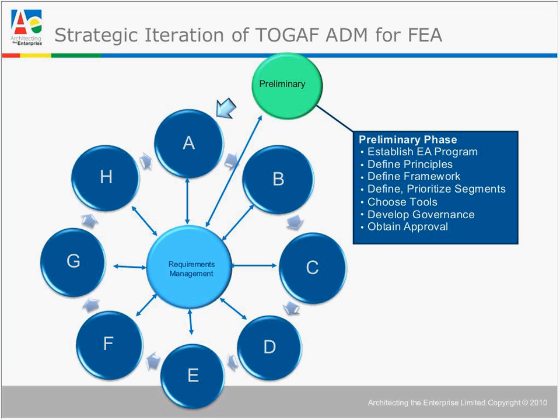In the preliminary phase, we establish our program, define principles, define our framework, which means tailoring FEA with TOGAF. We define and prioritize our segments, choose the tools we want, develop governance, very important, and obtain approval for our project.